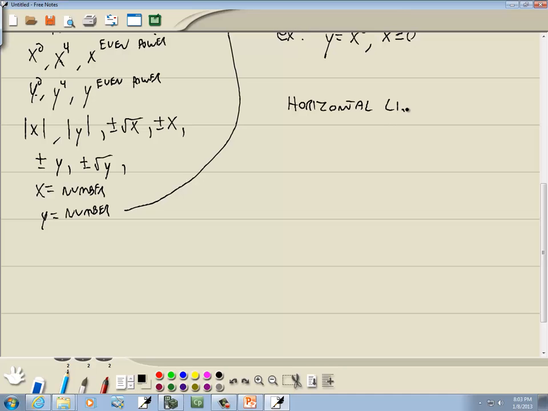We got a horizontal line test. We had a vertical line test that said if any vertical line intersects your graph at two or more places, it's not a function. What this checks is to see if the one-to-one part is true.